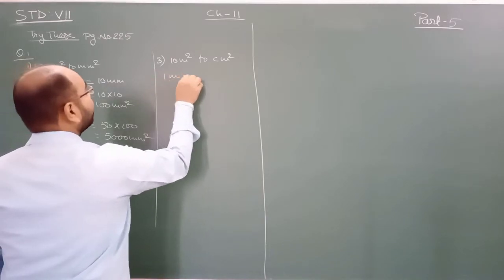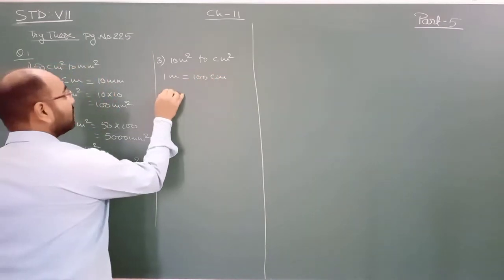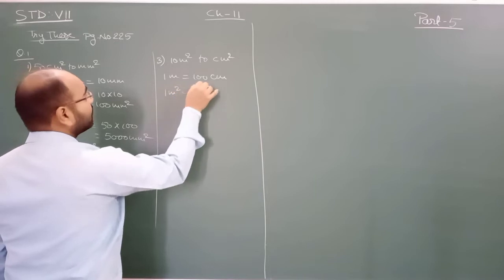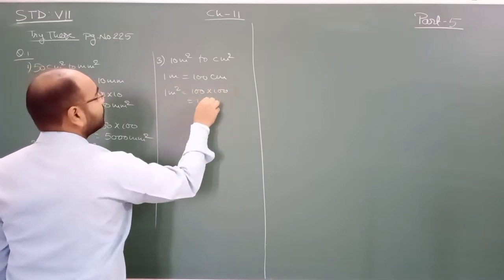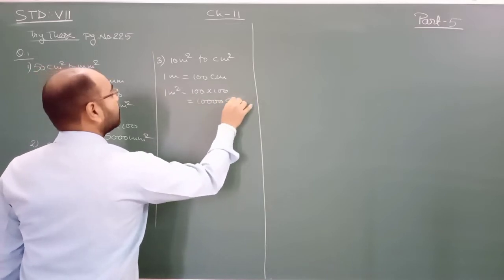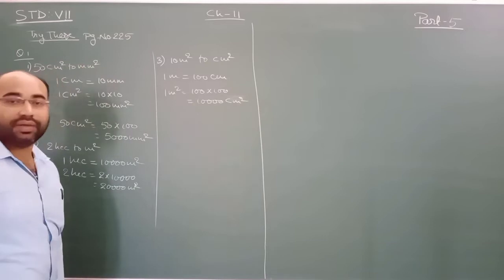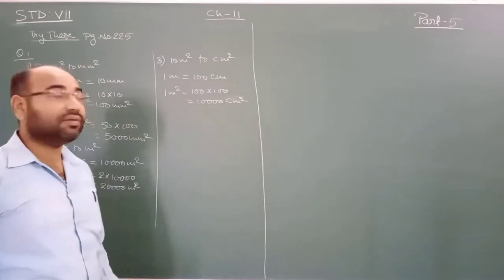So 1 meter we know is 100 centimeter. So for 1 meter square it will be 100 into 100, that comes to 10,000 centimeter square.